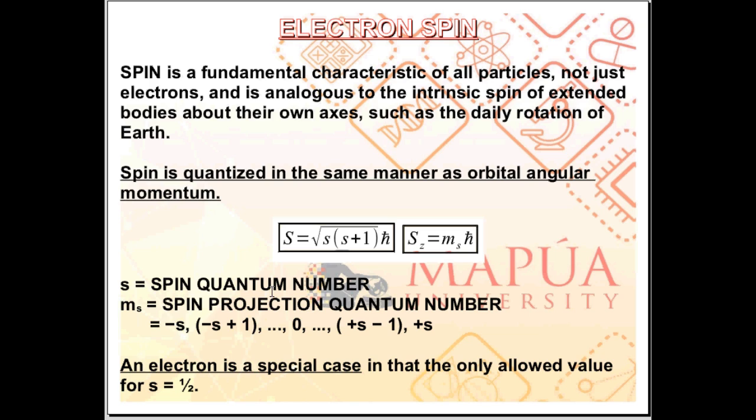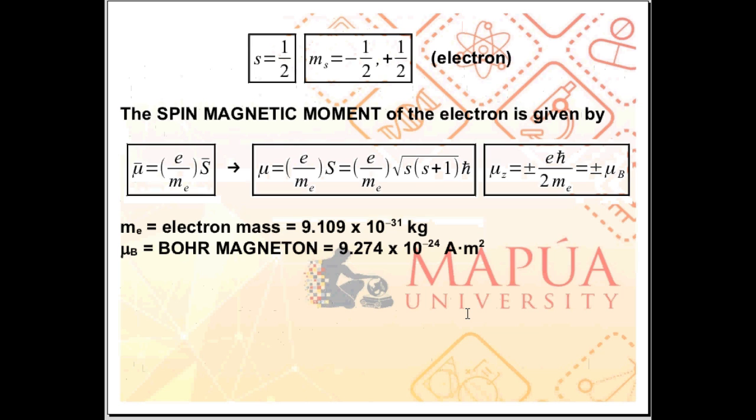The small s, the spin quantum number, will depend upon the particle concerned. An electron has only one allowed value for s, and that's 1/2. In this case, the electron is considered as a special case. As such, for an electron, s is 1/2. That means there are only two allowed values for ms, negative 1/2 and positive 1/2.